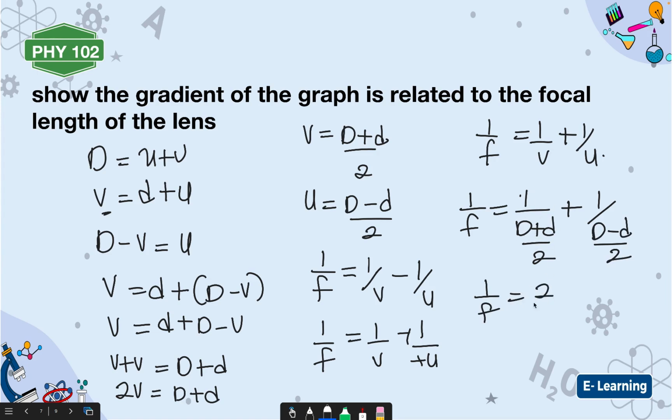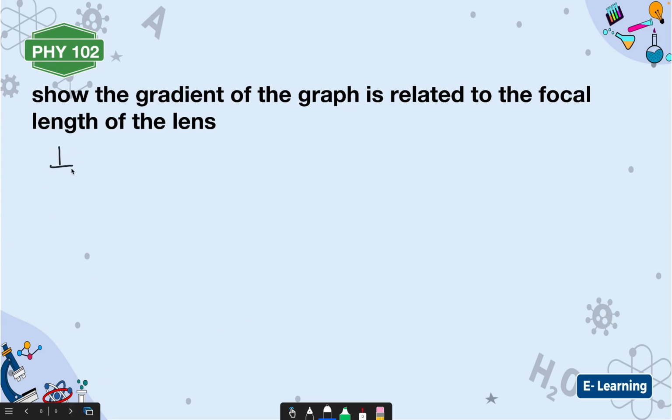See, it's as what? 2 over d plus d plus, here is 2 over d minus d. All right? So we come to the next slide. You have 1 over f is 2 all over d plus d minus 2 all over d minus d.